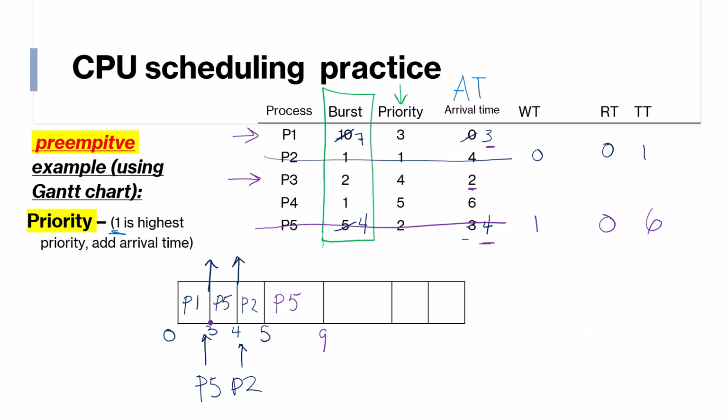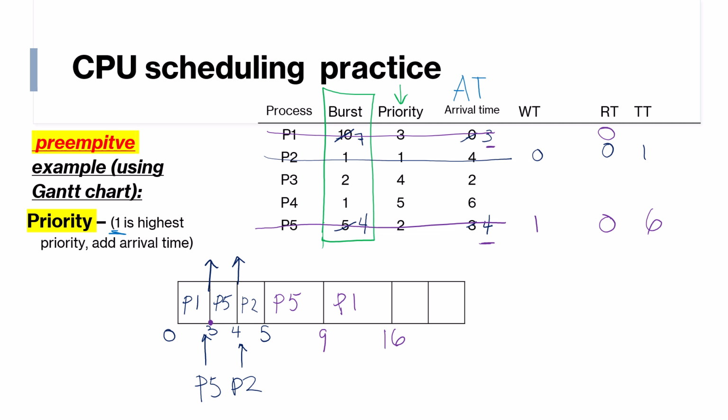So now the current time is 9. All 3 of the remaining processes are in the ready queue at time 9. It doesn't matter the order in which they came if they're all there. P1 will go next because P1 is the highest priority, and P1 will go until time 16. P1 will be done. P1's response time is 0 because it got on the CPU right away.